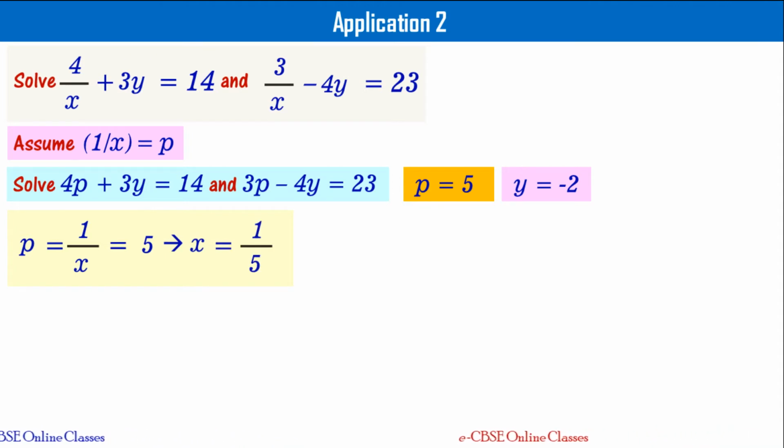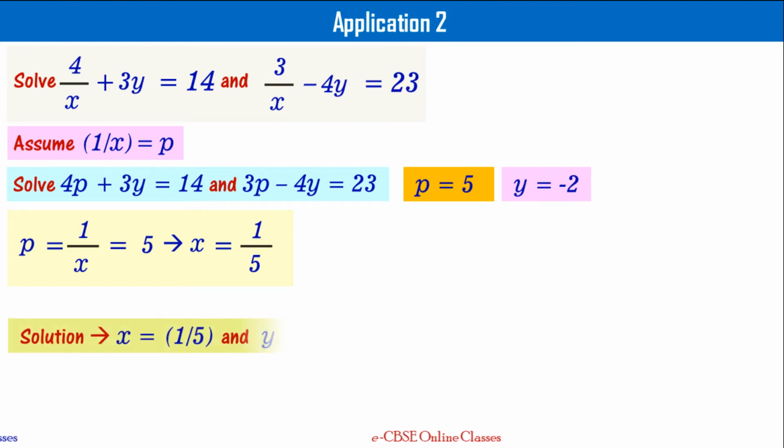And we know the value of y already, that is minus 2. So we can say that the solution to the given equations, the actual equations, 4 by x plus 3y equal to 14 and 3 by x minus 4y equal to 23, is x equal to 1 by 5 and y equal to minus 2, right?